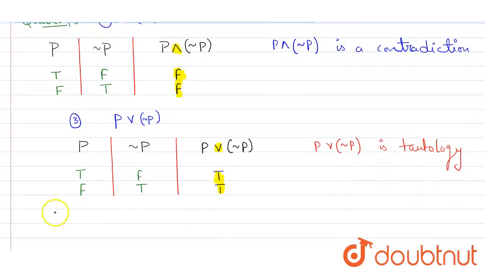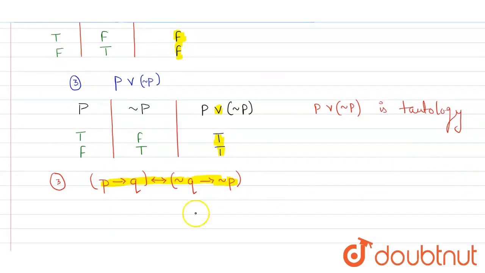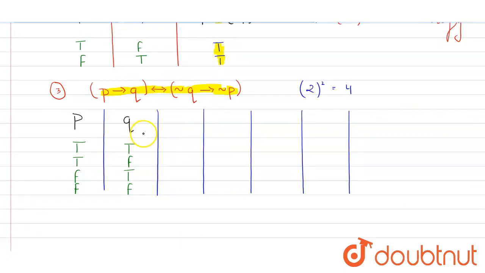So let's start solving option 2. So let's work on this option. It is given that there are two variables, so 2 raised to power 2, and there will be 4 rows. Okay, so let's make the truth table for this. Let me first make the truth table for P and Q. So this is the truth table for the P and Q variables.